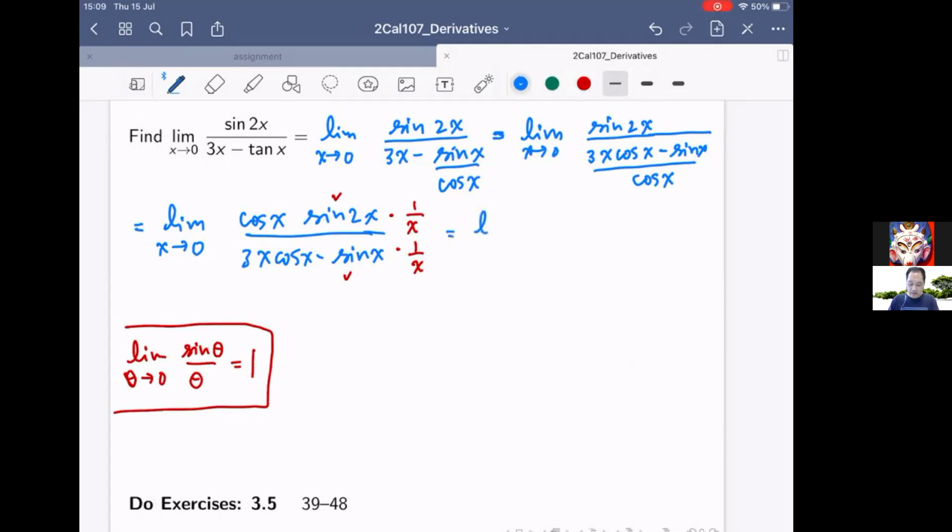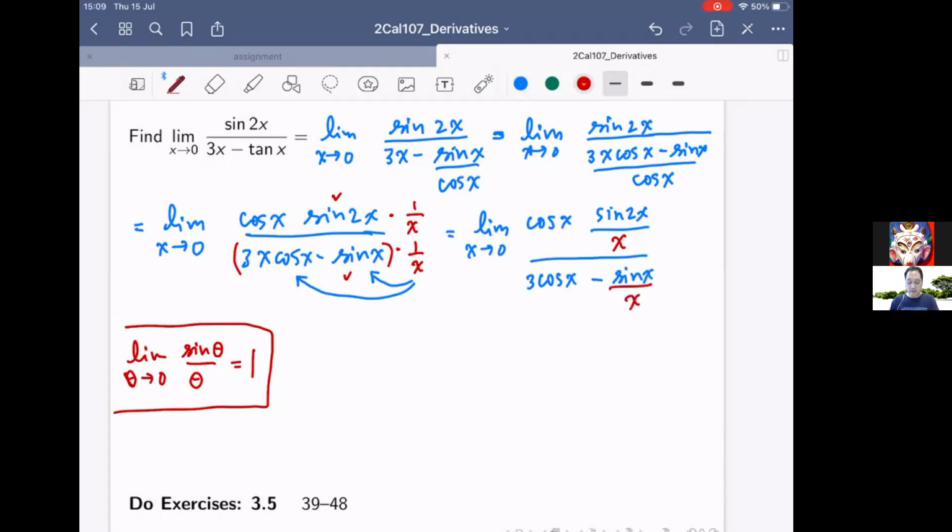So on your top it becomes cosine of x and then sine of 2x over x that we just introduced. And this one, your x must be distributed into the two terms. So the first term just becomes 3 cosine x, and the second term is sine x over x that we just introduced.